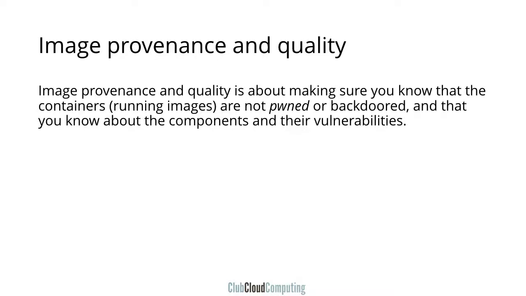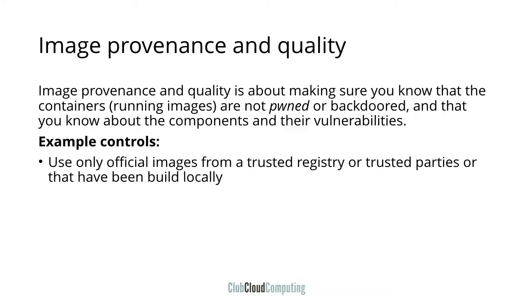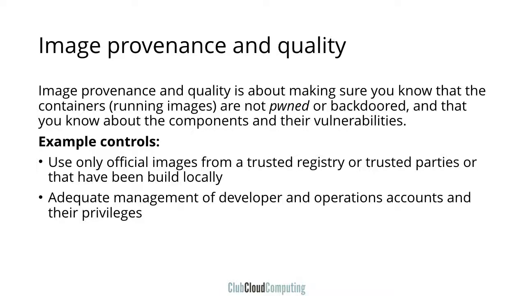Image provenance and quality is about how you know that the containers, the stuff that you actually run, is not hacked or owned or backdoored, and that there are no vulnerabilities in the components in there. The controls that you can apply there, of course, are to use only official images from trusted parties, or better, the ones that you build locally, even though that's harder. You'll also need adequate management of whatever accounts there are in setting up this whole process of getting from source code to running code, running containers.